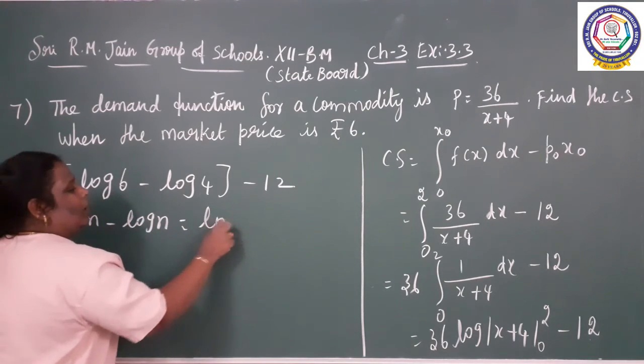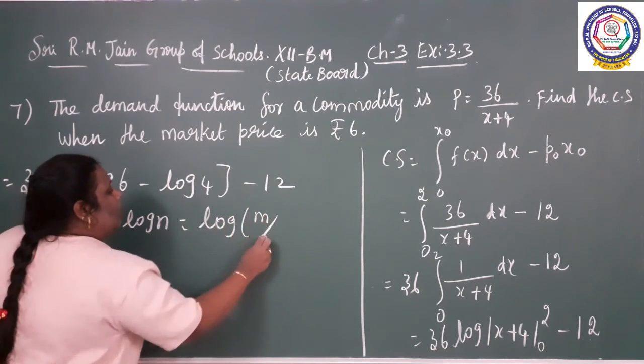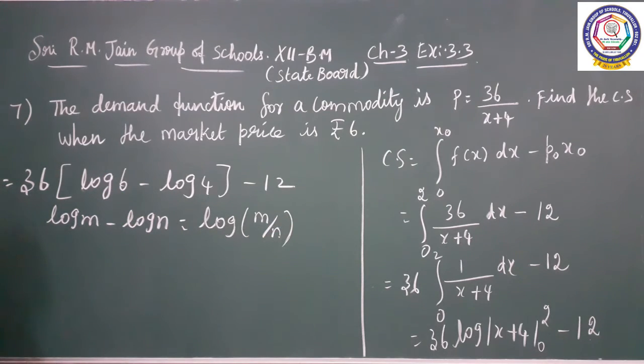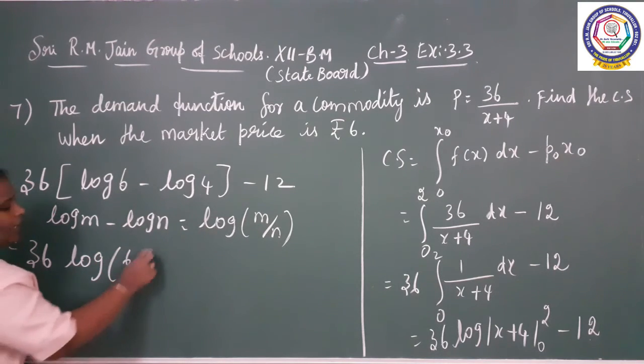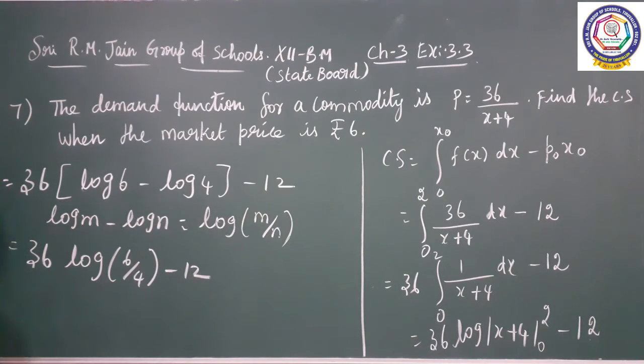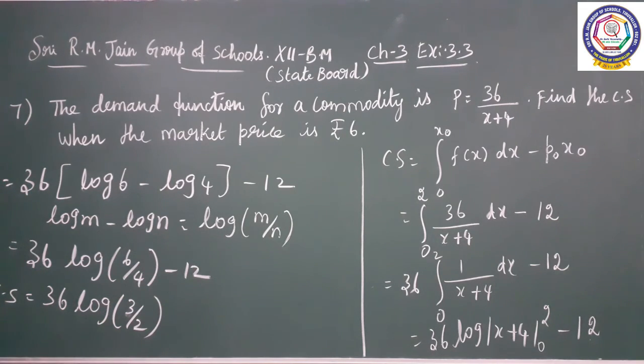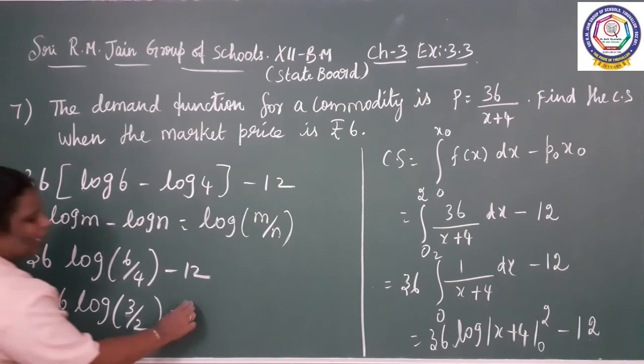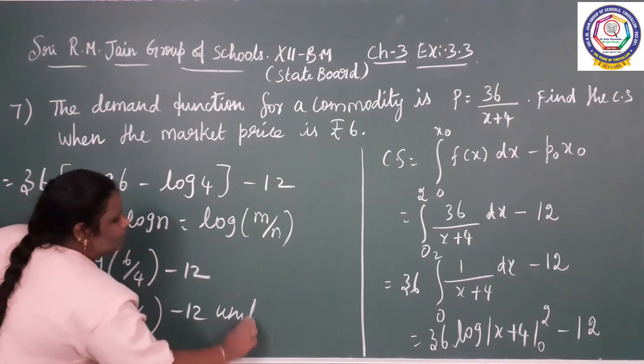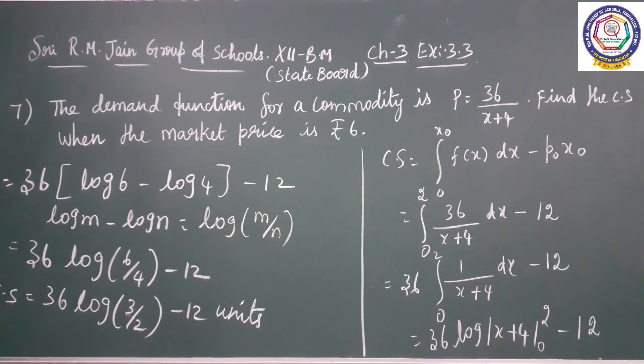Equal to log of m by n. So it gives 36 into log of 6 by 4 minus 12. What is the consumer surplus value here? 36 log of 3 by 2 minus 12 units.